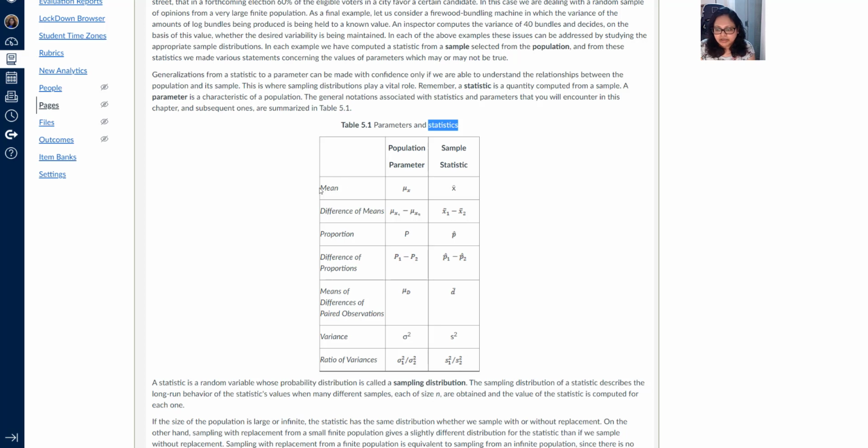If we are talking about just one mean, let's say we have a group of people, say we are talking about income in Canada, all eligible people who are working, the working group.